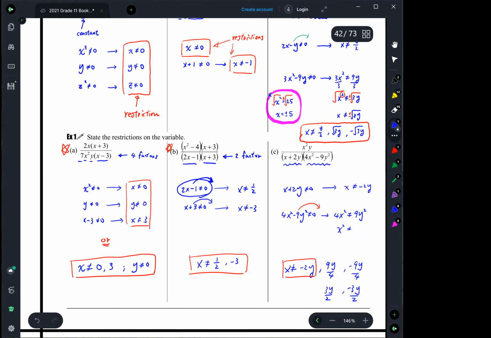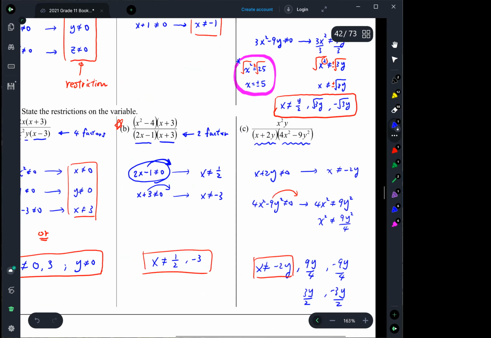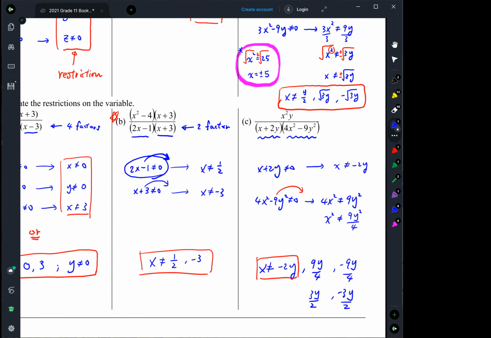So you get x squared cannot be 9y squared over 4. Okay, this time everyone remembers to put plus minus, which is good. However, when you square root, you're square rooting the whole fraction.